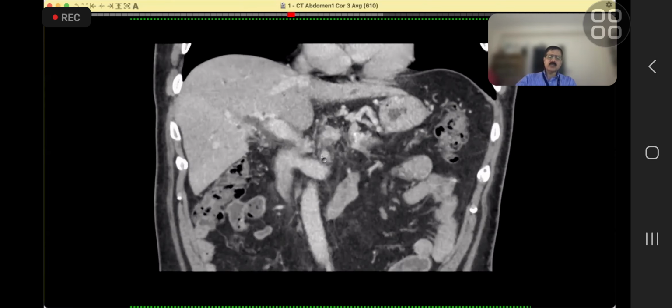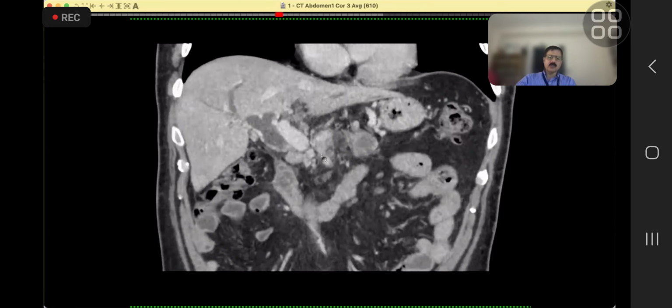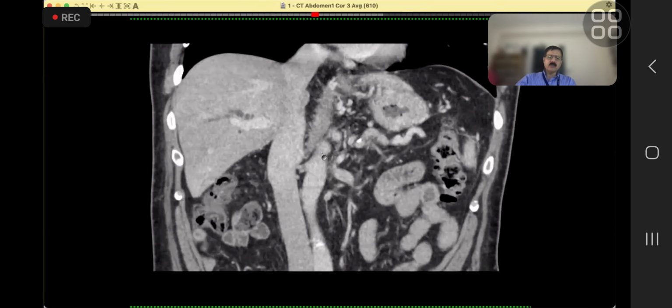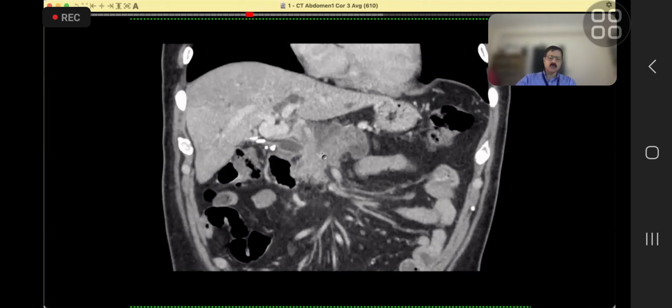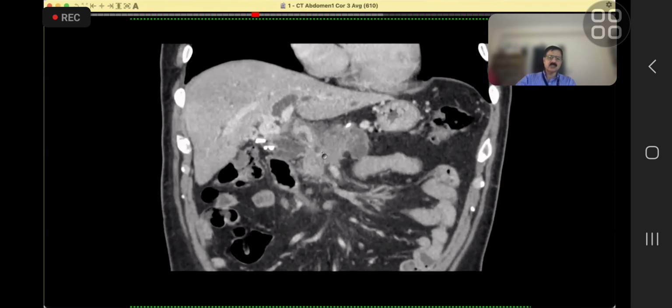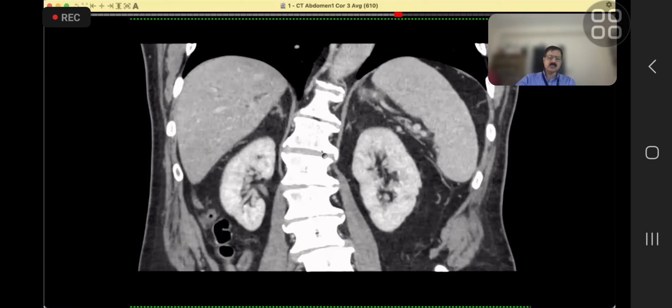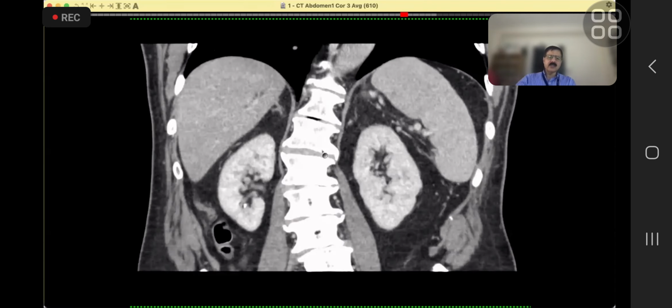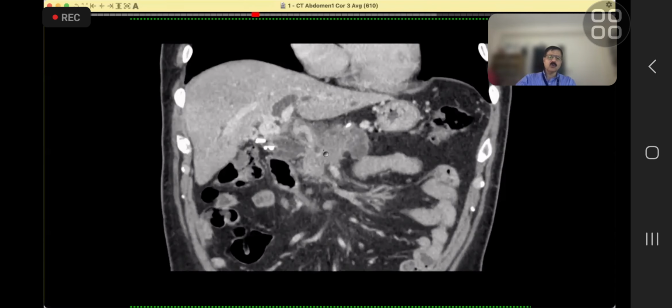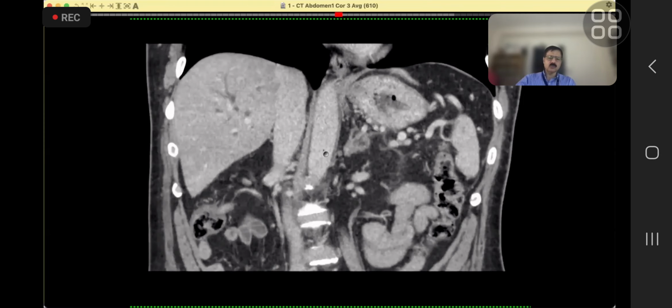These kinds of cases will come in the exam, usually in long cases, where there will be multiple findings. Bone metastasis, lung metastasis, liver metastasis, things like that. So beware of that. The marks will be given according to the findings which you have picked up.